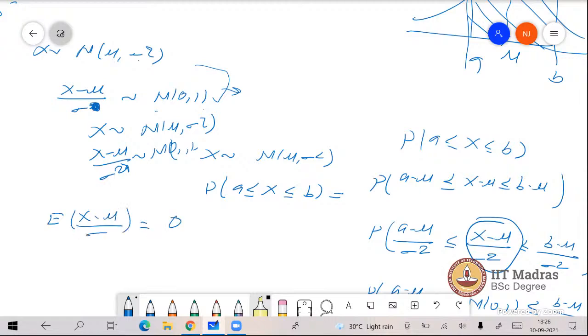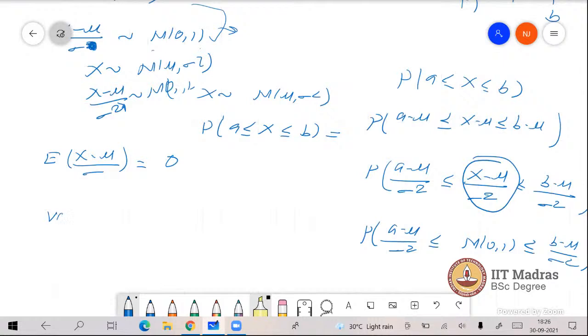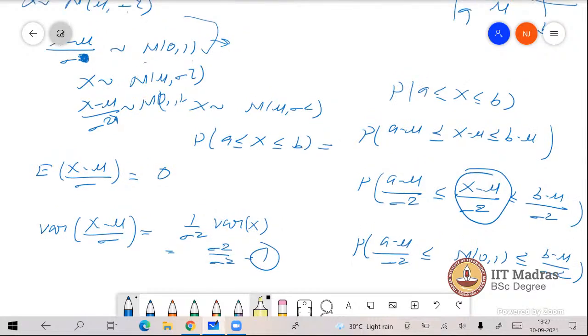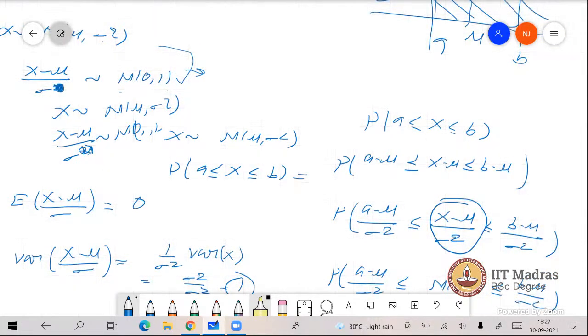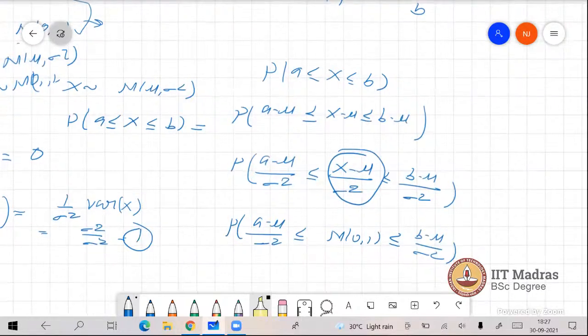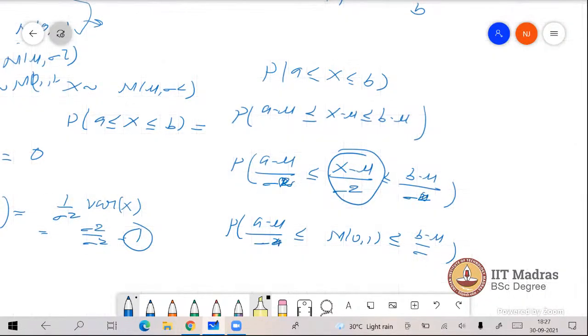This is 0, right? What is the variance of (x minus mu) upon sigma? This is 1 upon sigma square times the variance of x, so sigma square by sigma square. So this will be 1. Sorry, this is sigma, not sigma square.